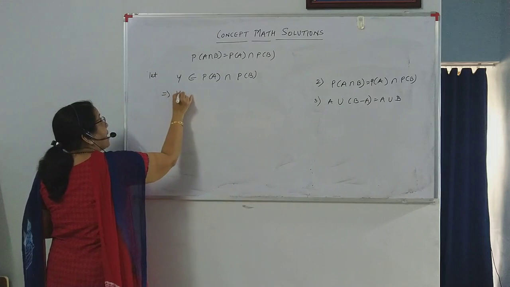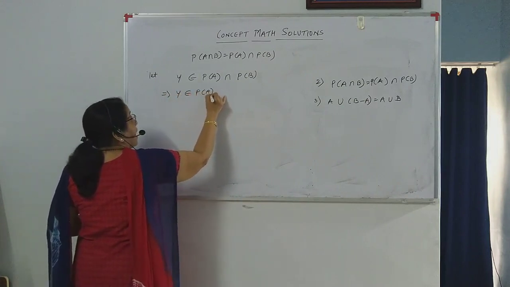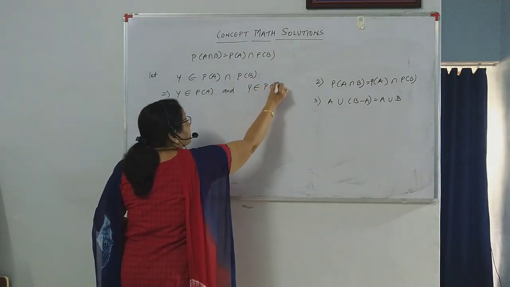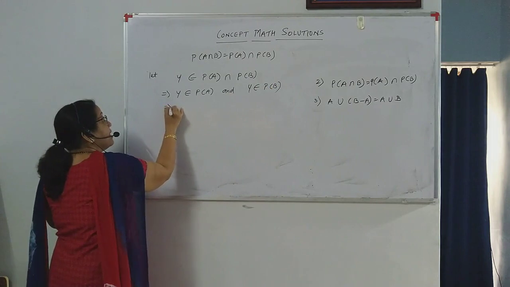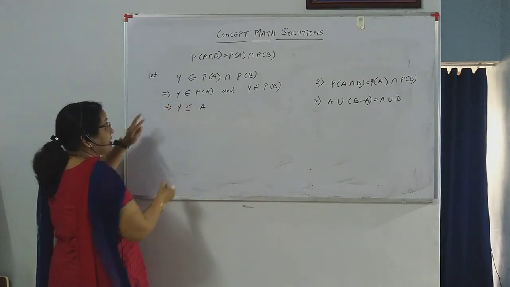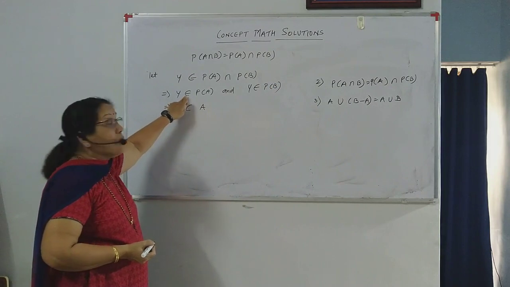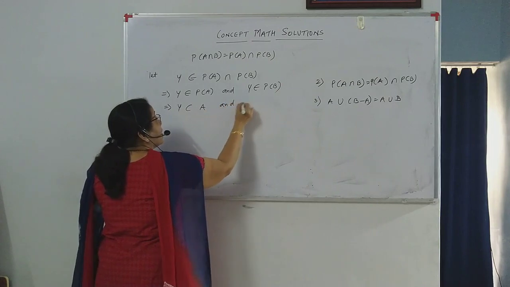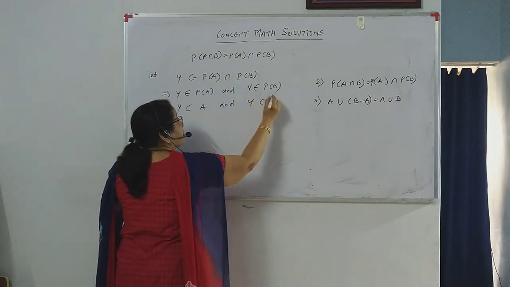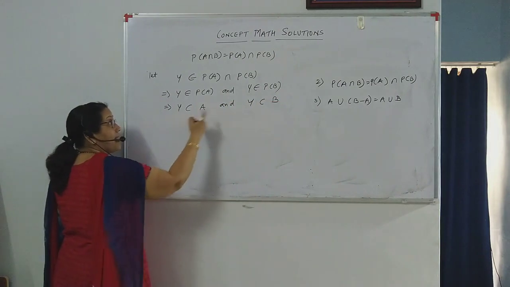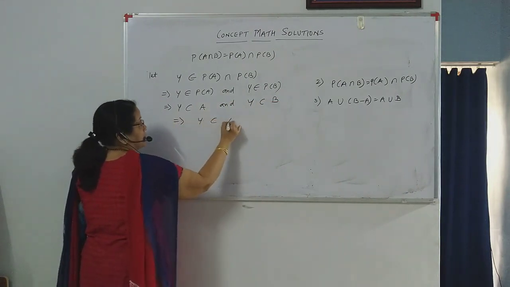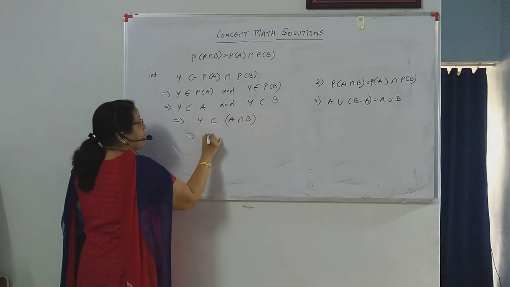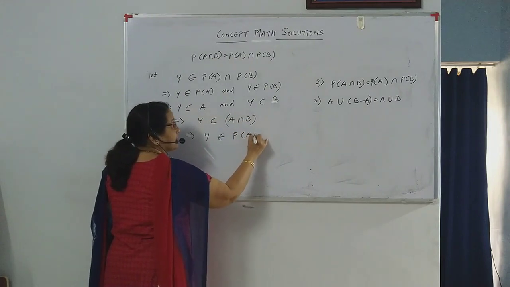So that means Y belongs to the power set of A, and because it is intersection, Y belongs to the power set of B. Now this will mean Y is a subset of A. You understand where we are using the notation belongs to and where we are using the notation subset. And Y would be a subset of B. Now Y is a subset of A, Y is a subset of B means Y is a subset of A intersection B. Right? That will show Y belongs to the power set of A intersection B.